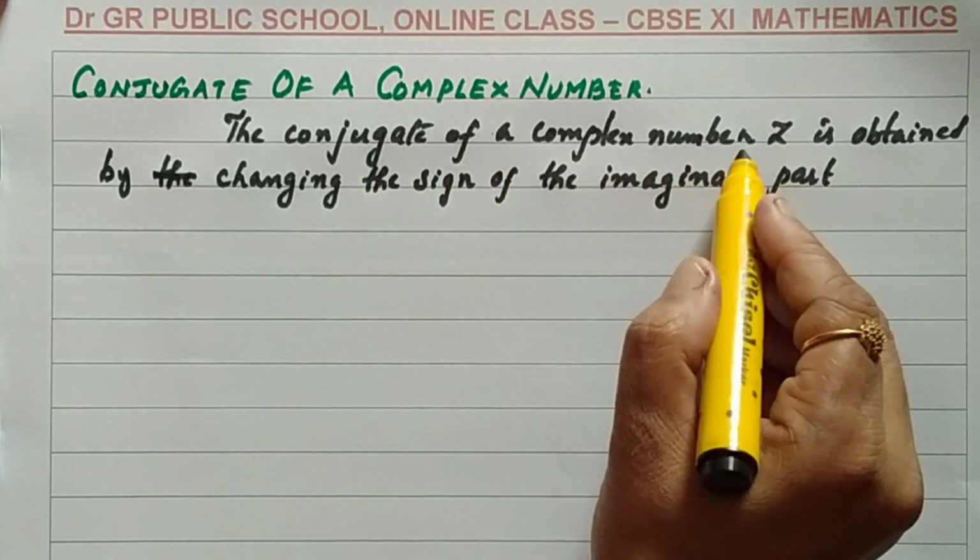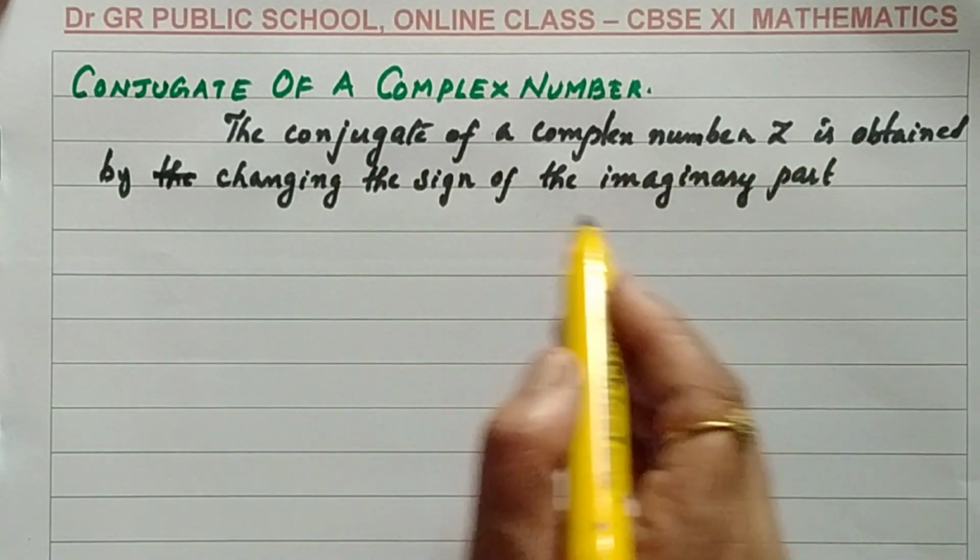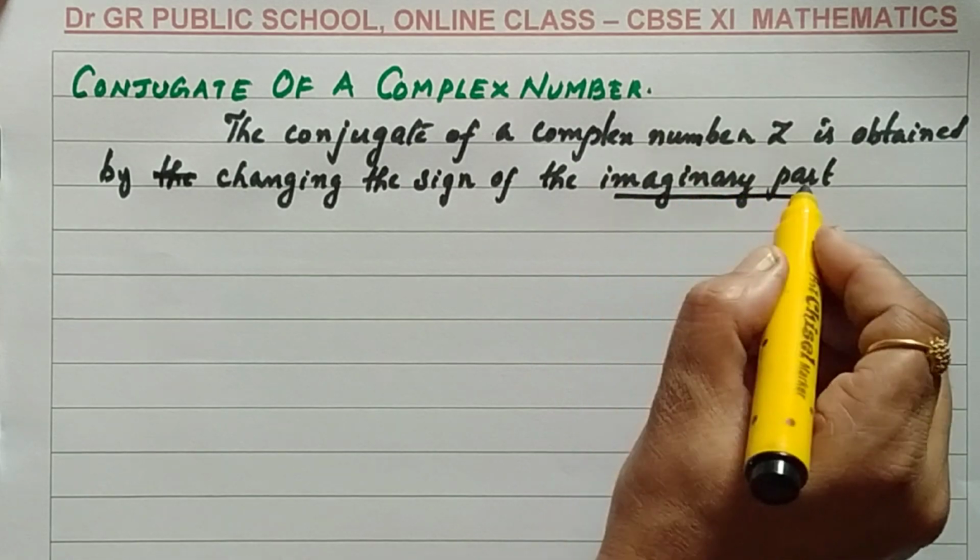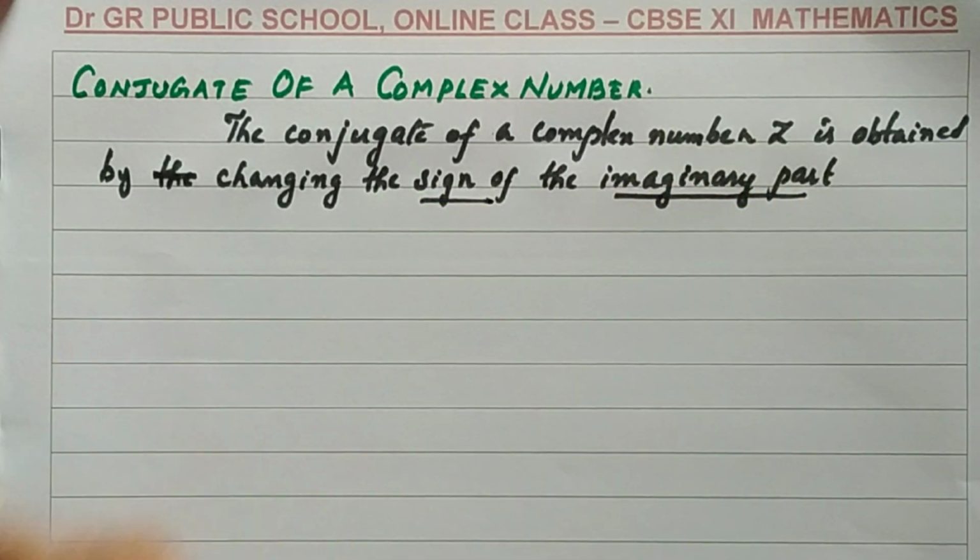The conjugate of a complex number is obtained by changing the sign of the imaginary part only.